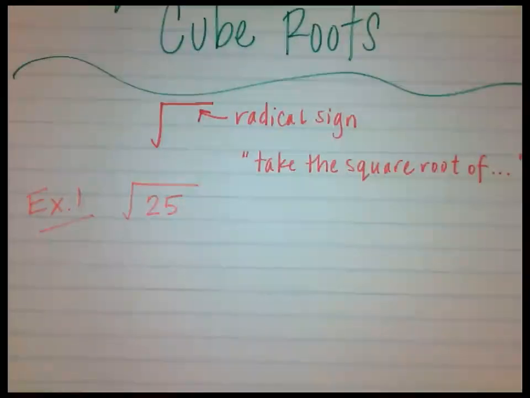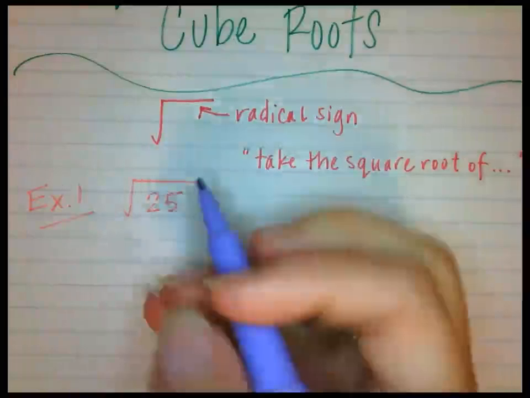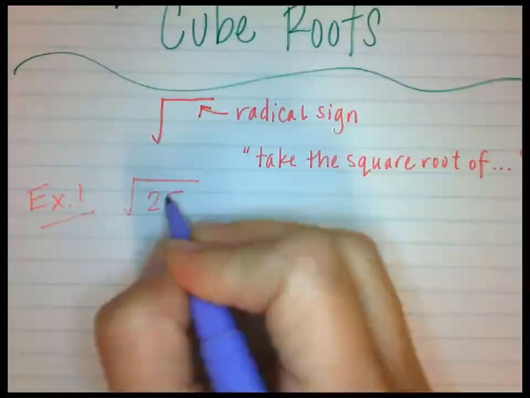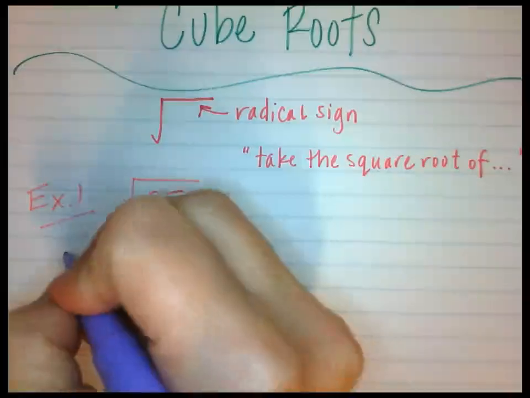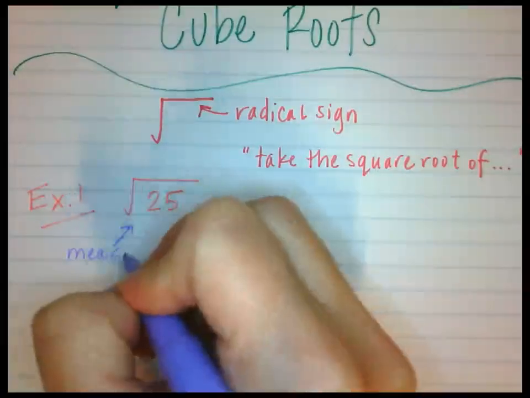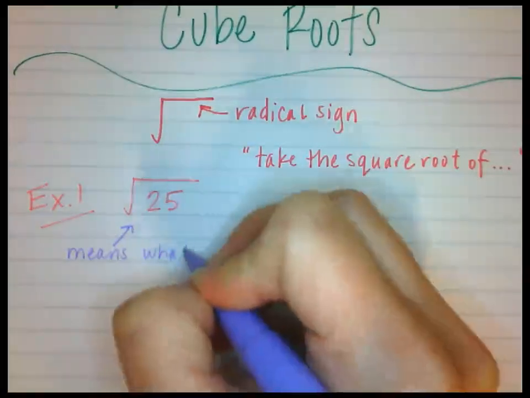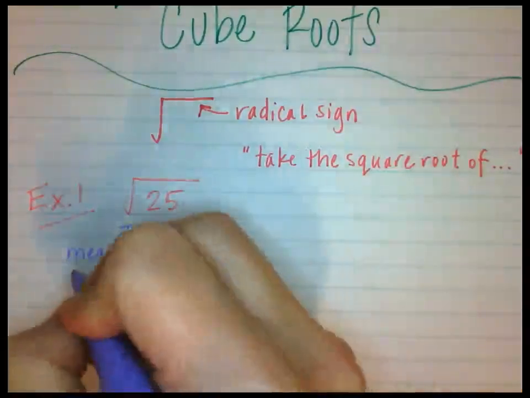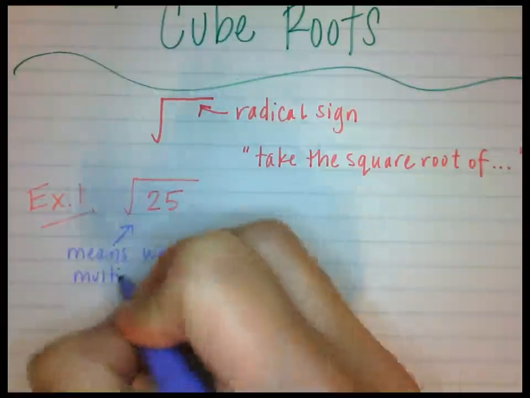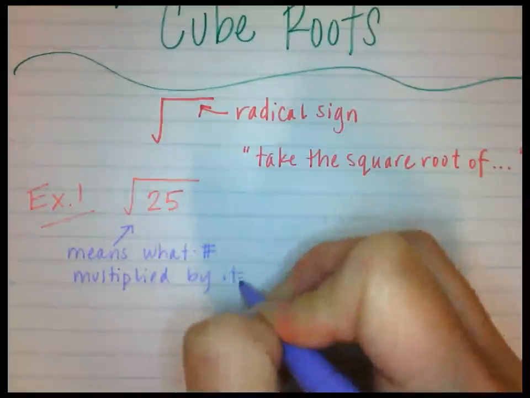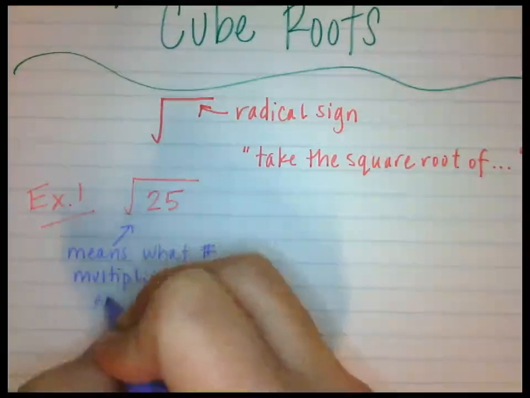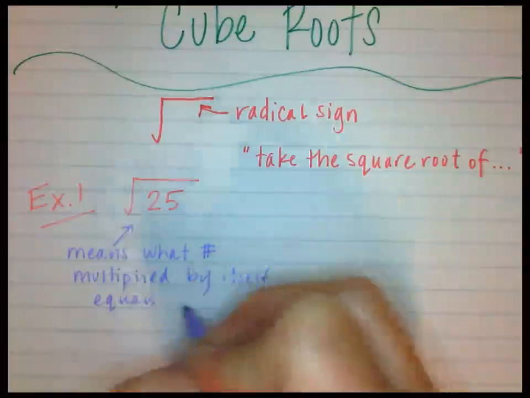So again, this is take the square root of 25. What that means is, what number multiplied by itself equals whatever.